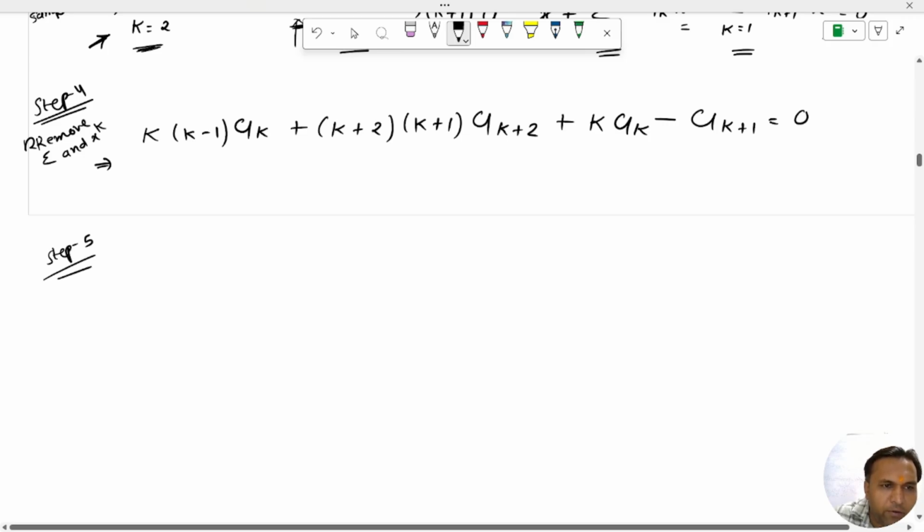In step 5, you have to make the terms in terms of the coefficient with the higher suffix. Here we have a k, a k plus 2, a k, and k plus 2. So make the complete terms in terms of a raised to k plus 2.